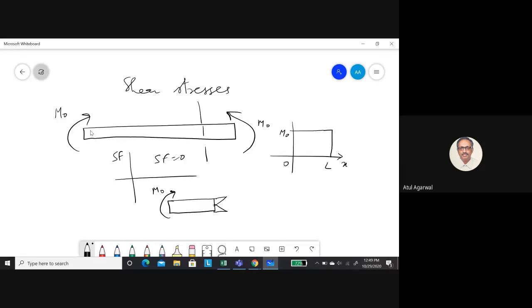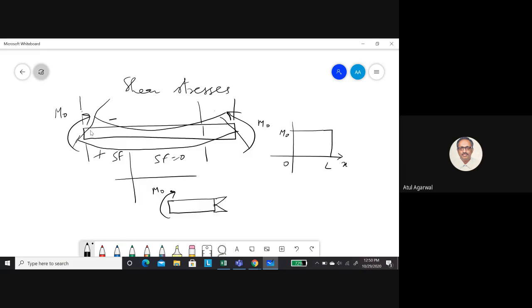So your movement is, you see, how will this get bent? Your cross-sectional plane is going to rotate like this. Similarly here, look, this movement is going to rotate it. So this is the way a beam is going to bend. This kind of a movement will cause a tensile stress here, compressive stress here.